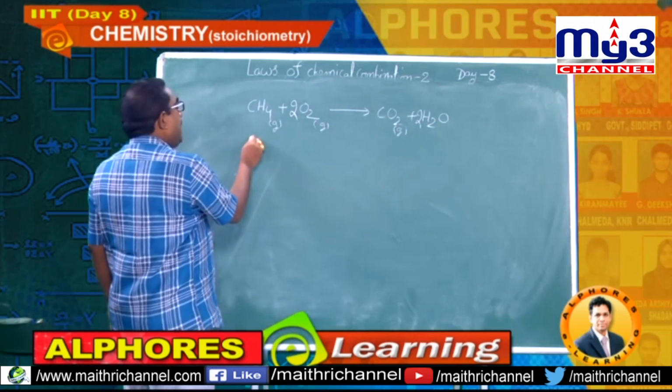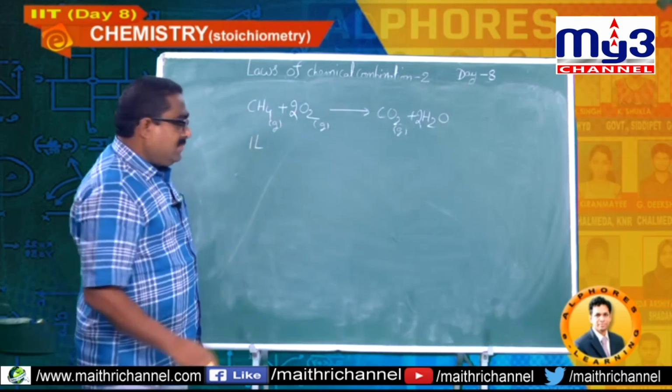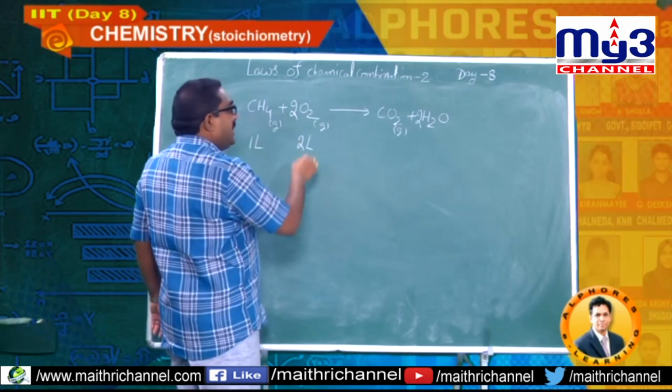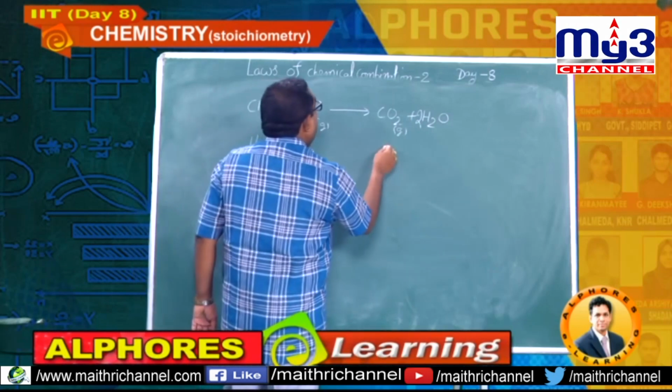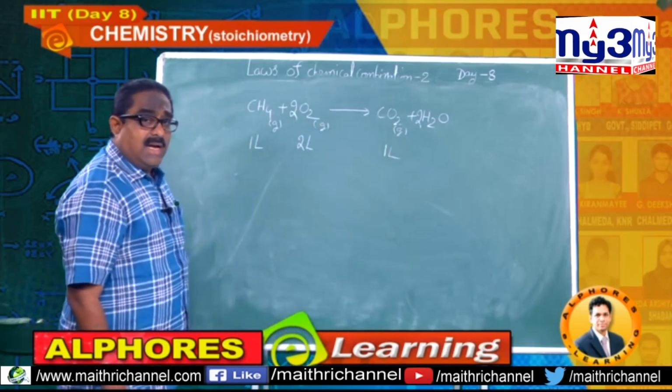Here I am writing: 1 liter of methane is going to burn completely in 2 liters of oxygen and forms 1 liter of carbon dioxide. This is exactly what we can write.